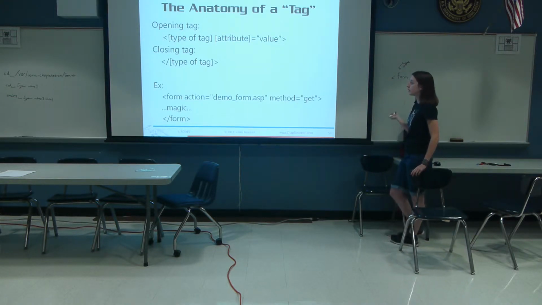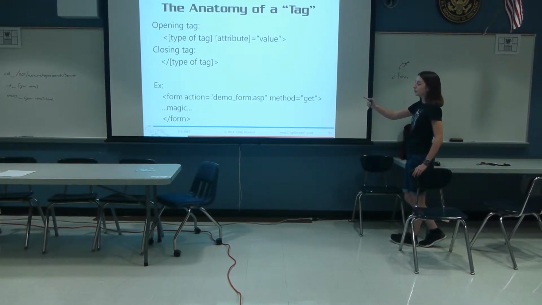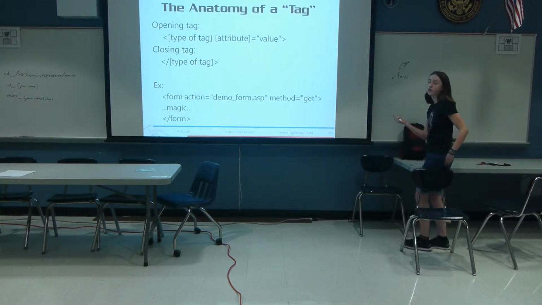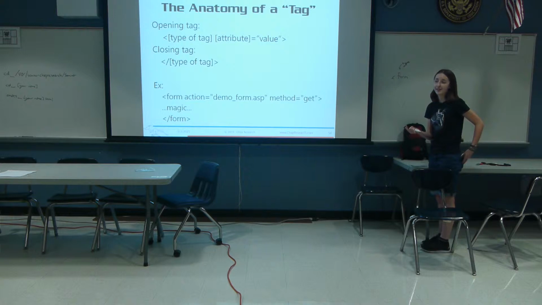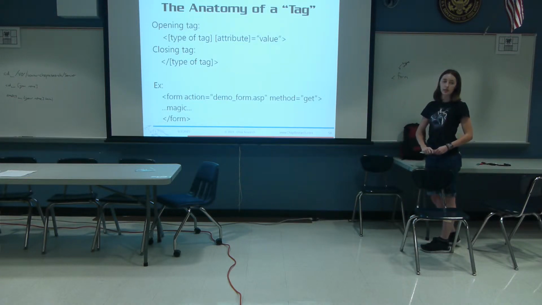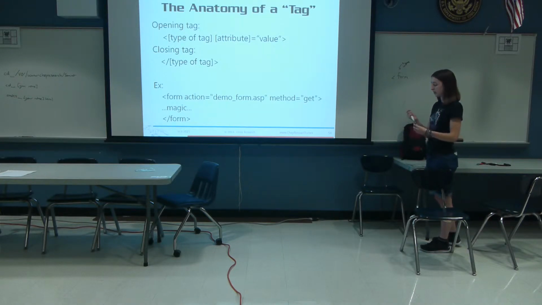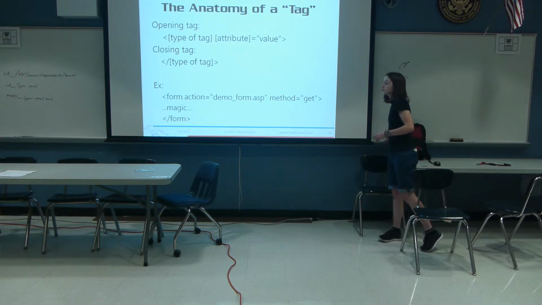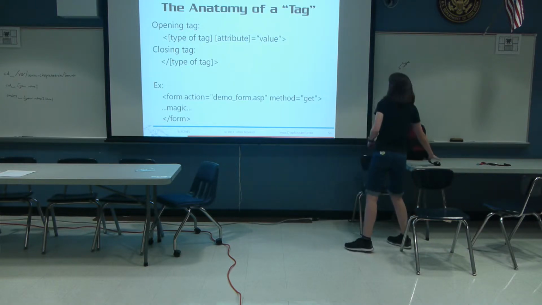Yeah, the type of tag does tell you what it is, but that being said, what type is this? What do we think this is going to create for you? Form. Form. Yes. Okay. And then, does everyone understand the attribute and the value here? Just like a variable in any other programming language, even though this isn't technically a programming language? Okay, cool. Last group needed that explanation. I think you guys are good.